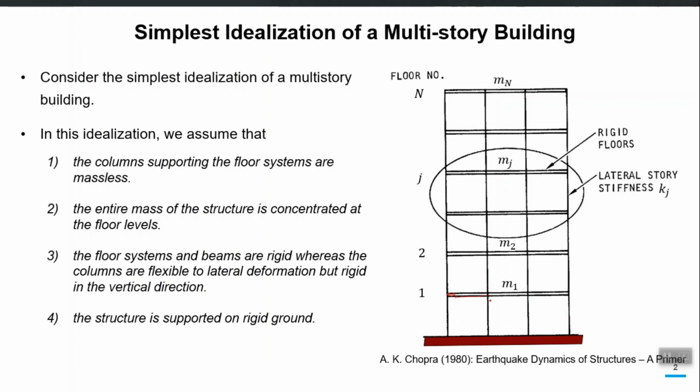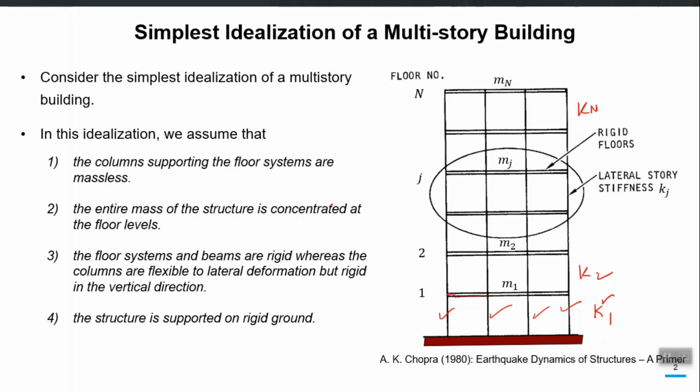For example, at first story, the sum of these 4 supporting columns, the sum of their stiffnesses is, let us say, represented by K1 and then K2 and up to Kn, for example. So, this number K actually is representing the sum of the stiffnesses of all columns at that level, right.